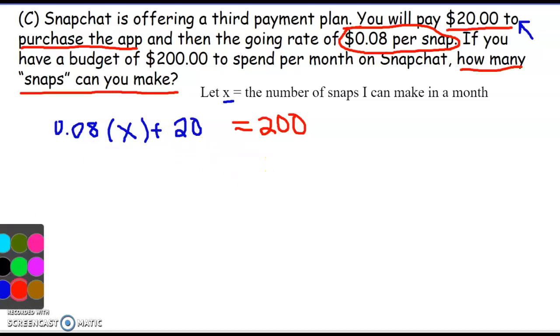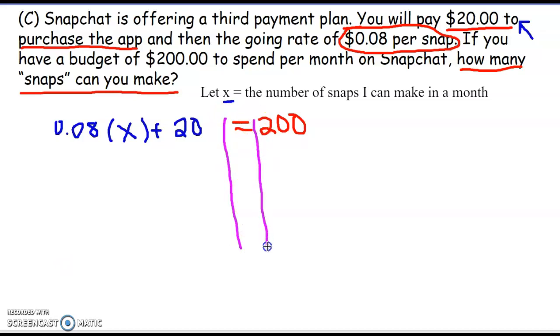I'm going to change colors so that we can see how to solve this problem now. First thing I do, make my ladder because I'm going to work my way down that ladder to get to the end result, which hopefully is the cost per snap. Or I'm sorry, which will be the number of snaps that I have made. First thing I do is I look for the constant, which is the 20. I do the opposite of adding 20, which is subtracting 20.